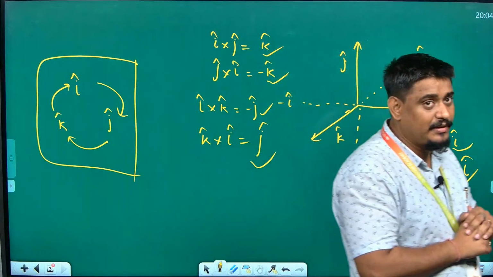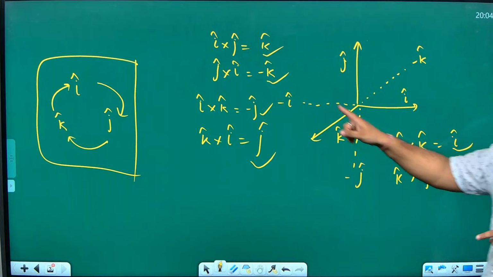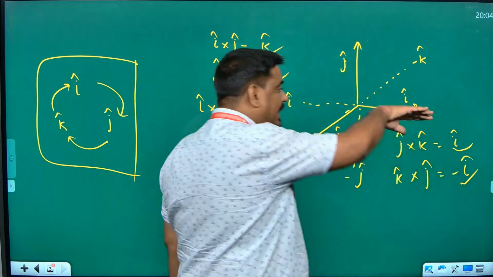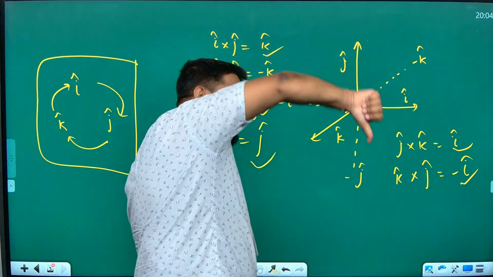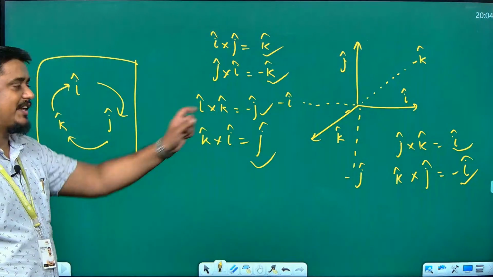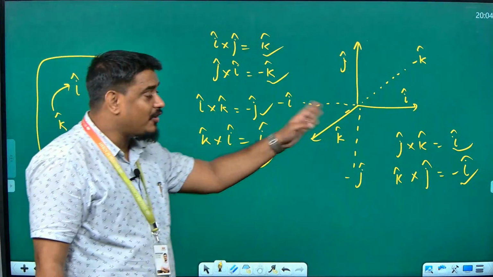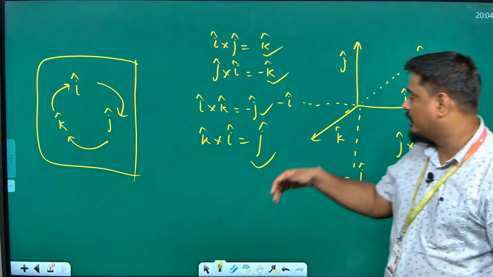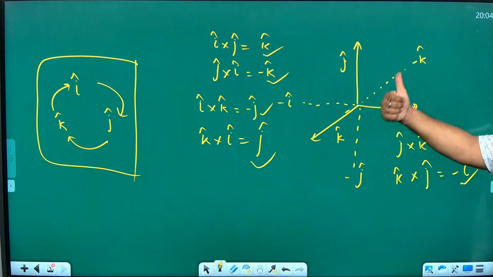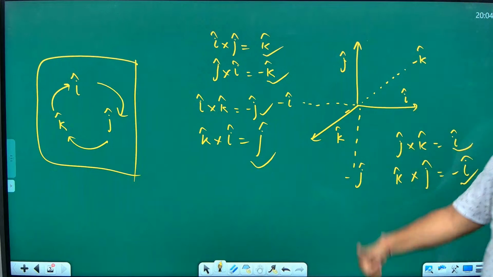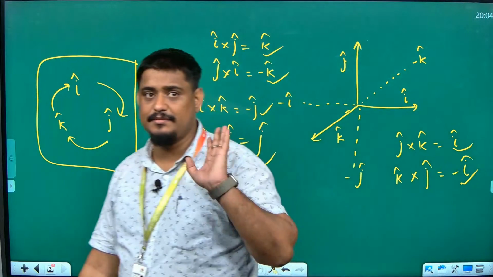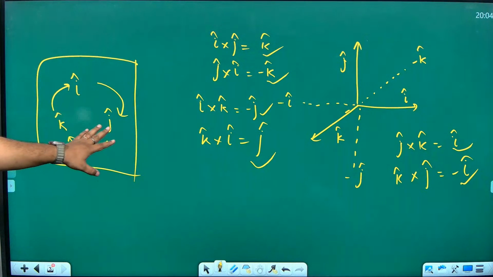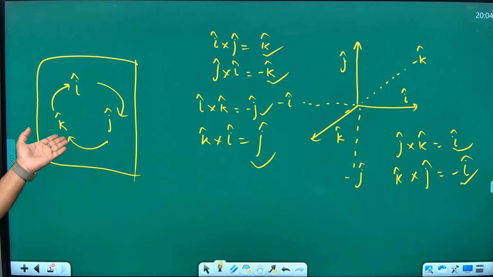For example, if I am writing I cross K, I kept my hand at I and then try to come towards K, my thumb is pointing downwards, which is in the minus J direction. But when I write K cross I, I keep my hand on K and try to come towards I, my thumb is pointing upwards, so I get J.